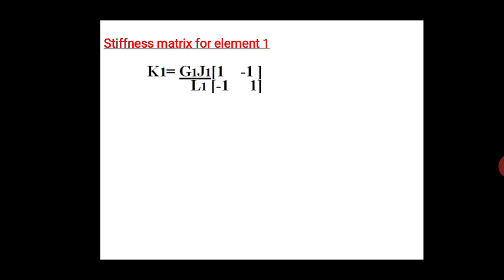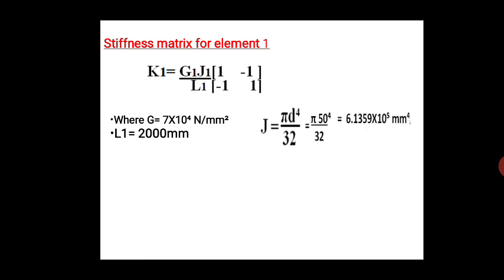For the first element, we have the stiffness matrix as K1 is equal to G1 J1 divided by L1 into 1 minus 1 minus 1 and 1, where G1 is 7 into 10 raised 4 Newton per mm square, the length of the first element is 2000 mm, and the polar moment of inertia is also pi d to the power of 4 divided by 32.